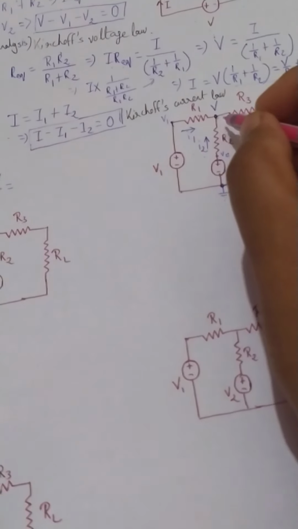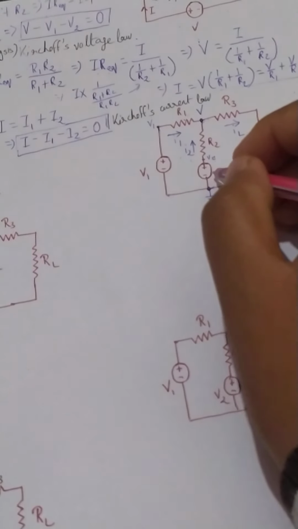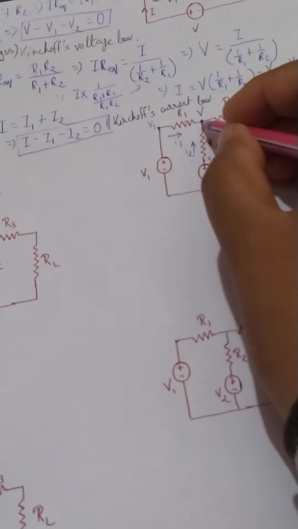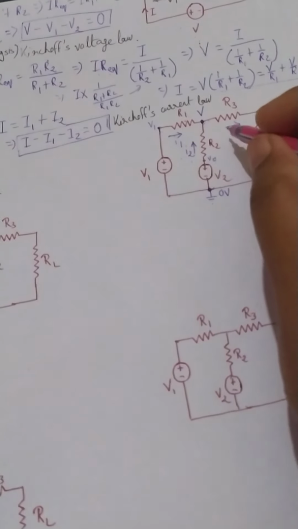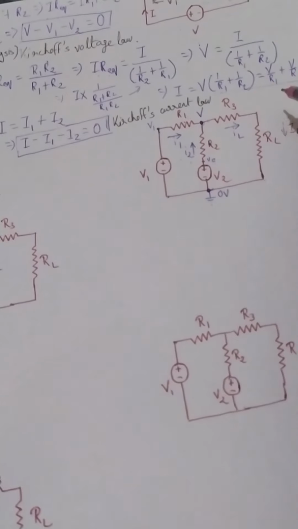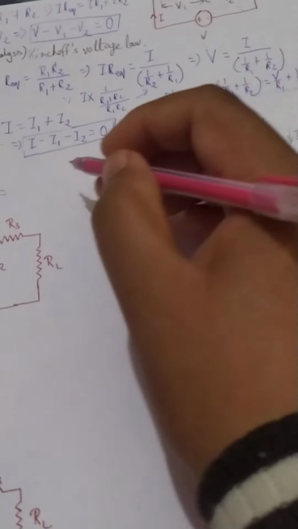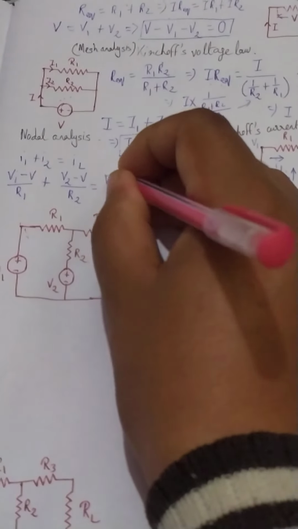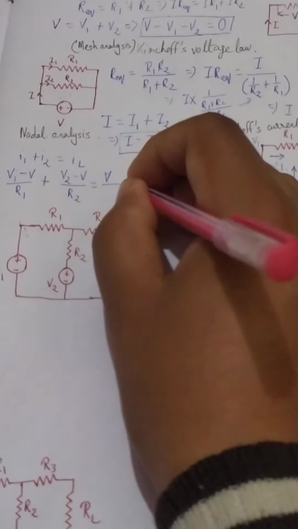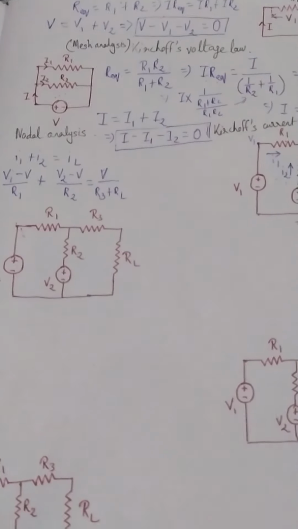Now for IL, we have two resistances, R3 and RL. This point's potential is V and this point's potential is 0. So the potential difference is V minus 0, divided by the resistance. We can write V minus 0, which is basically V by R3 plus RL.